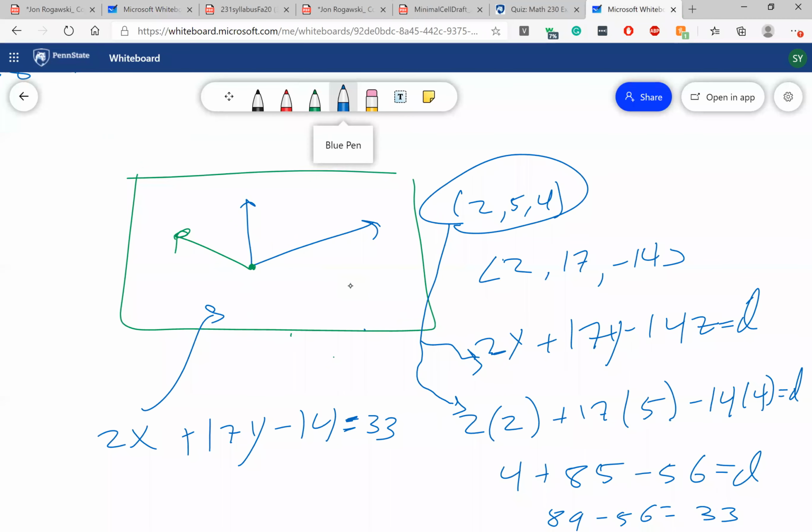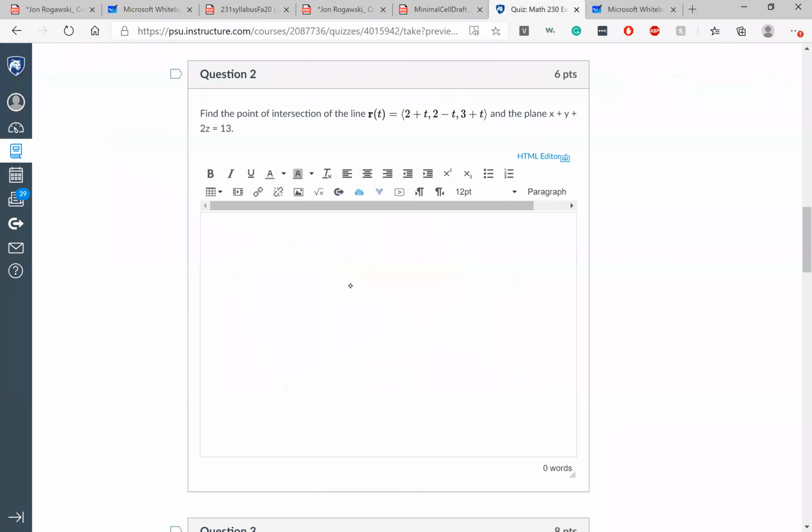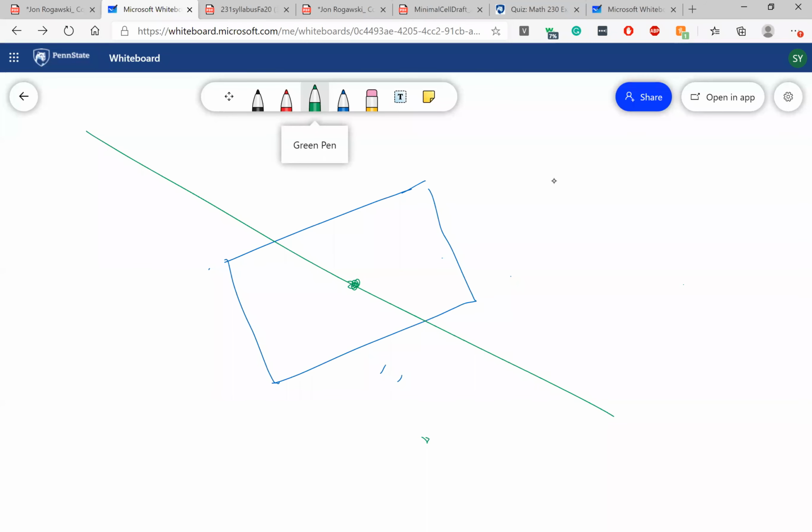So let's do that. R of t is equal to 2 plus t, 2 minus t, and 3 plus t.